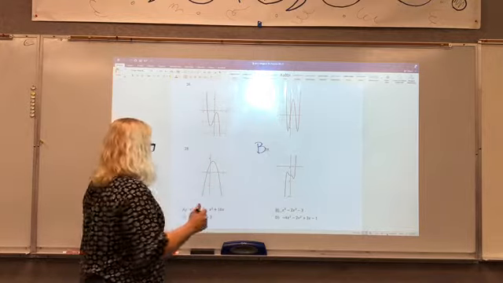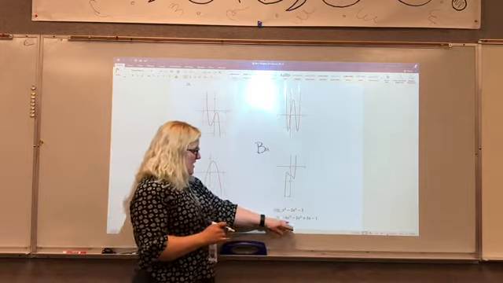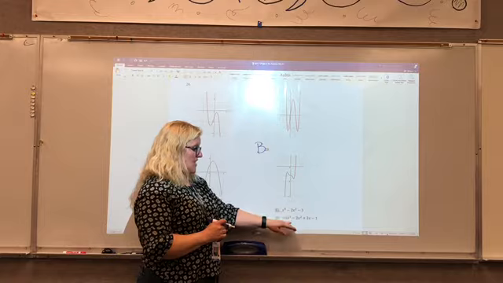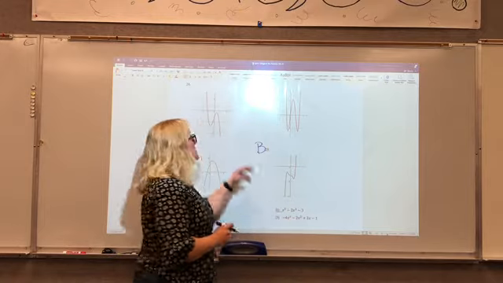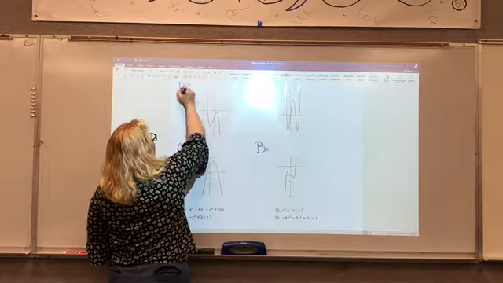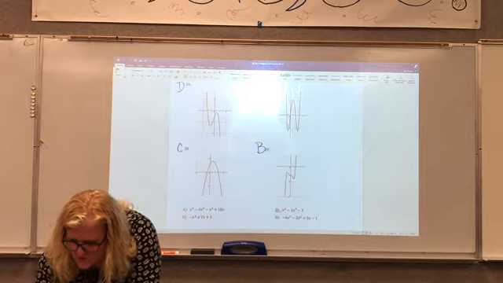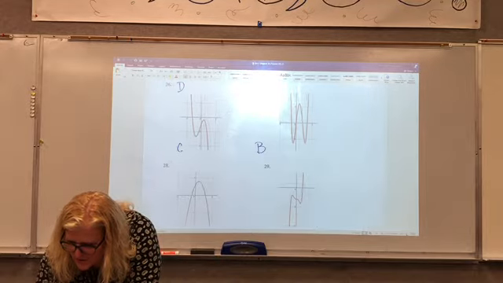So that's this problem right here. And then we know that this is D, but negative 4x cubed, it's negative and it's odd. So we can see that it goes down like this. Okay? So hopefully those ones are pretty easy to do.